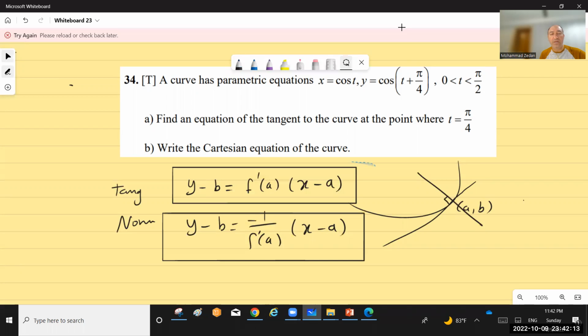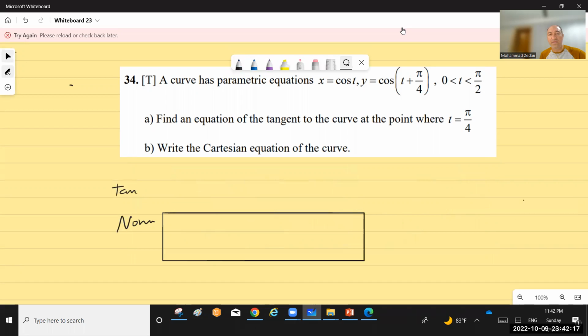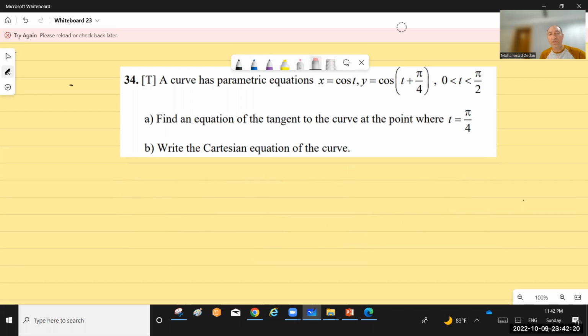Okay, so let's start, but I have a parametric equation here, which is a little bit different. Let me solve it together. First of all, I'd like to find the point where t is pi over 4.